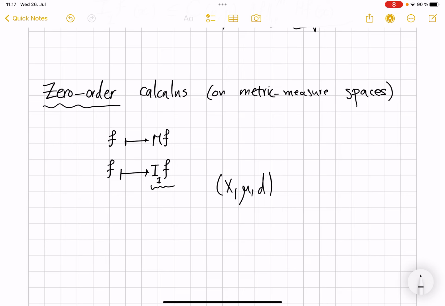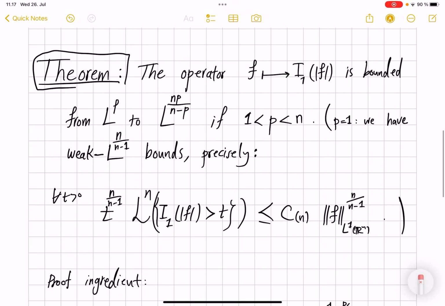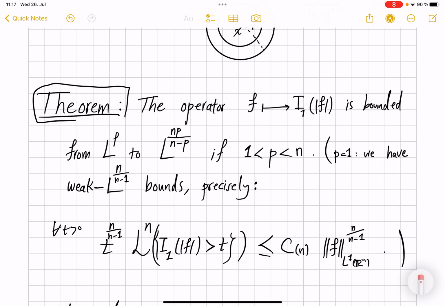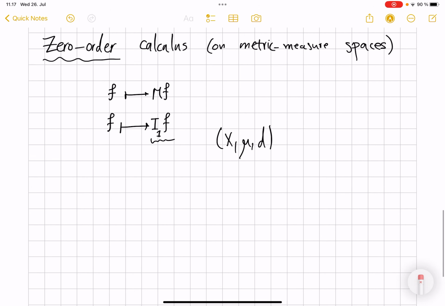For example, you require that the measure of balls of radius r have a lower bound in terms of some constant times r to the power s. Such assumptions on the measure will give us the same type of boundedness of the Riesz potential theorem that you see here. But what is the definition?